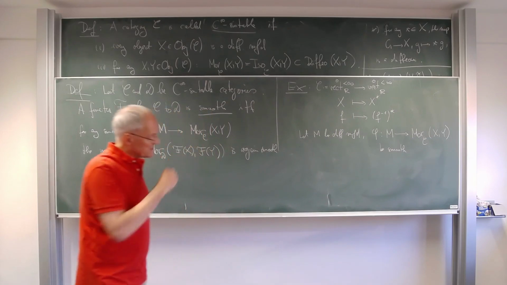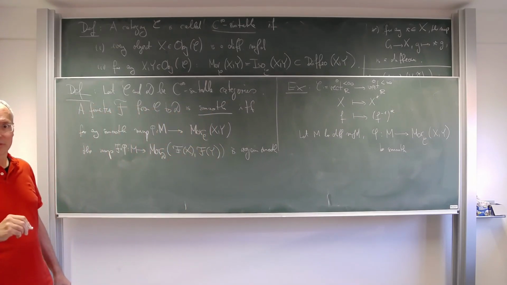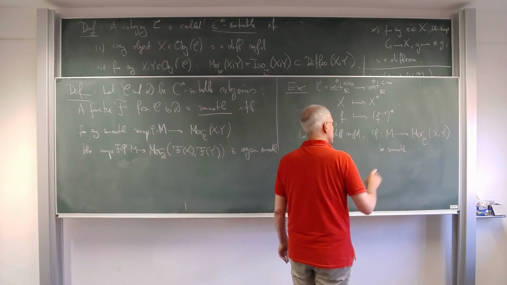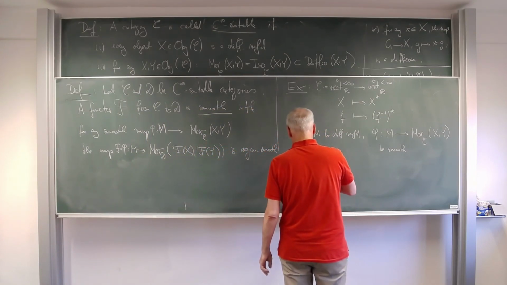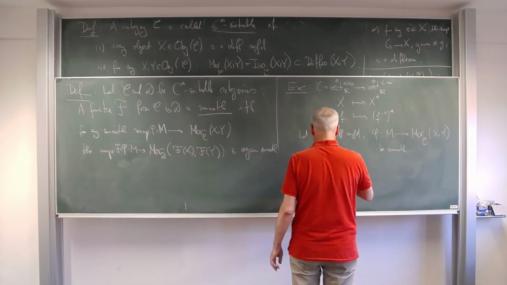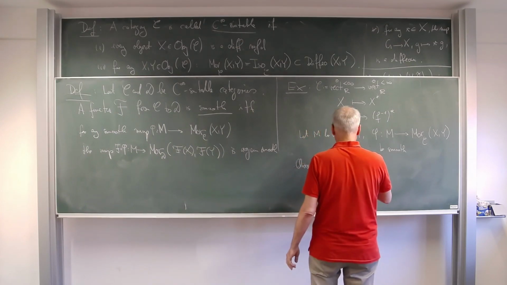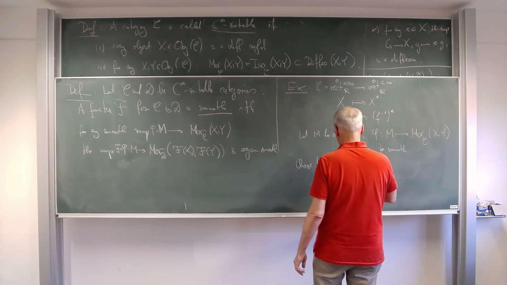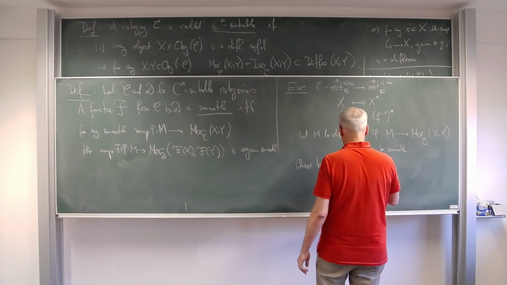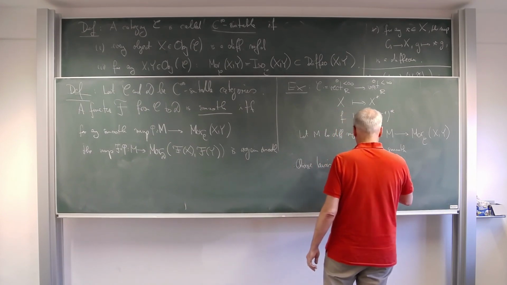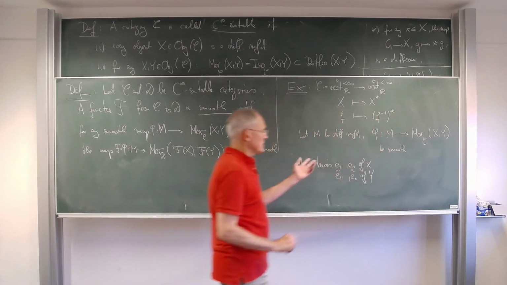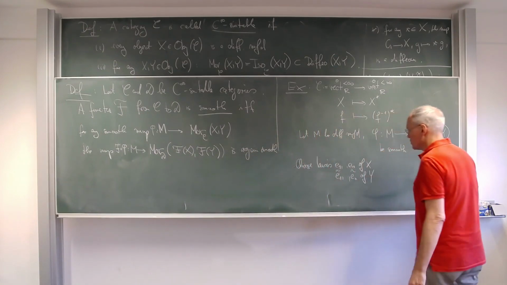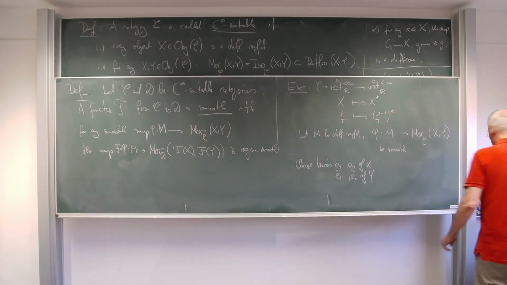Actually, in this case, the morphism space is in fact a manifold. Namely, if we choose bases E1 up to En of X and E1 tilde up to En tilde of Y, same dimension because otherwise there is no isomorphism. Or maybe I do this differently.